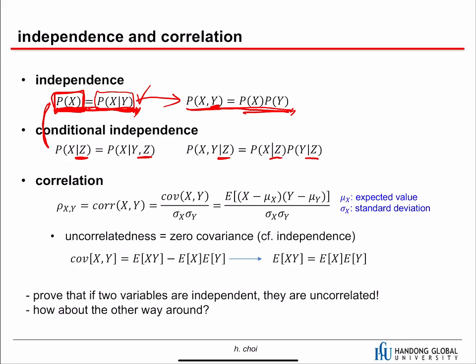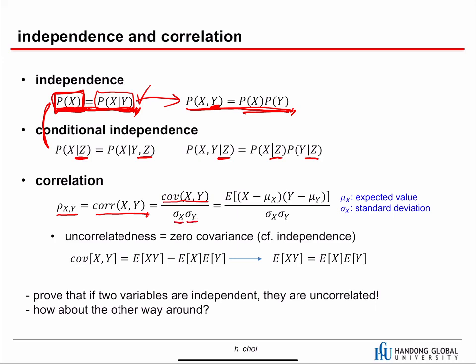And the next one is correlation. We might have this notation or this notation. This correlation can be defined by the covariance of x and y divided by the standard deviation of x times the standard deviation of y.